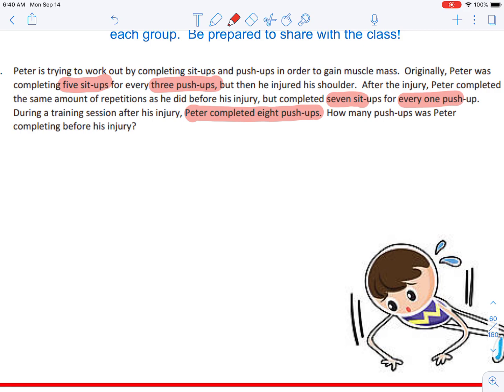Before his injury, Peter was completing 5 sit-ups for every 3 push-ups. So that's 5 to 3, sit-ups to push-ups. I'm going to make a tape diagram real quick.